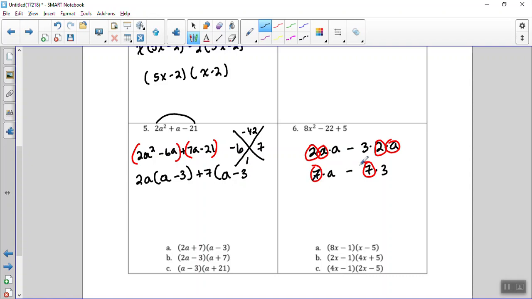I factored out the 7, right? So that's gone. So I just have a minus 3. Now I just rewrite it as factor out the a minus 3. So I have 2a plus 7. That's my answer. It's right there. Okay. Let me know if you have any questions.